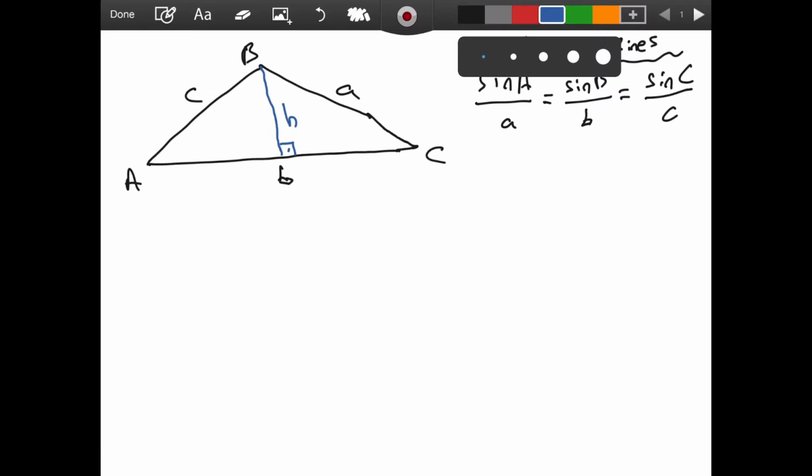So, if we are interested in finding the area of our triangle, we can say that it is the base times the height divided by 2. So we have 1 over 2 times b times h.